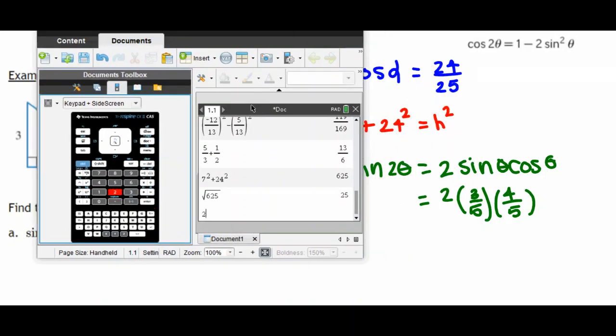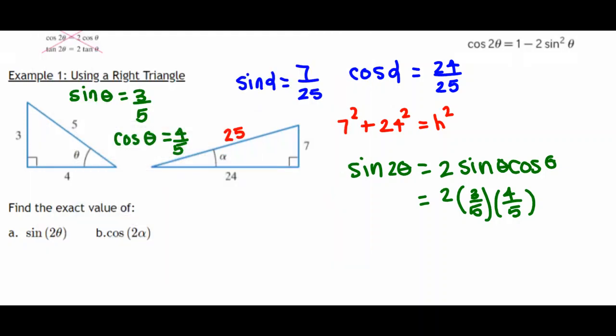We type 2 times 3/5 times 4/5, and we get 24 25ths. So sine 2 theta in this case would be 24 25ths.